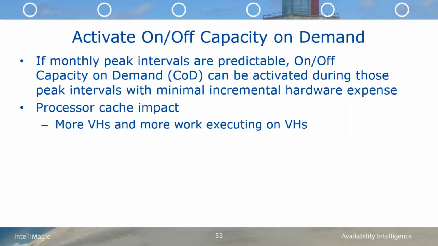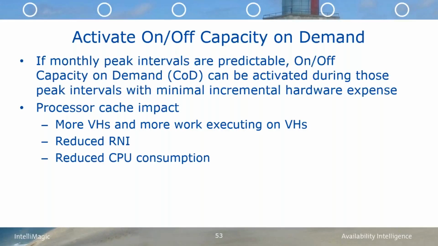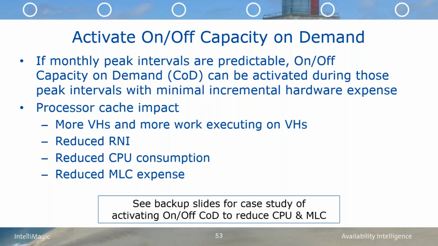The impact of deploying this additional capacity on processor cache is more physical CPs, which means more vertical highs, and thus more of the work executing on vertical highs, which reduces RNI, which reduces CPU, and which, since it's deployed at the monthly peak, translates directly into reduced MLC software expense. In the backup slides, there's a case study of a site that's utilizing this to achieve, again, 6-figure annual savings in their MLC expense.